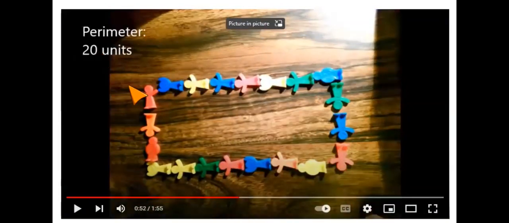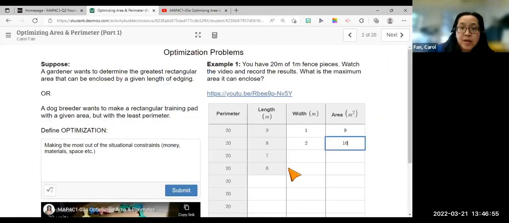Hey, same perimeter of 20 units. We've now extended the width so that it's 3. And our length, 1, 2, 3, 4, 5, 6, 7. So 7 and 3. Area is 21.